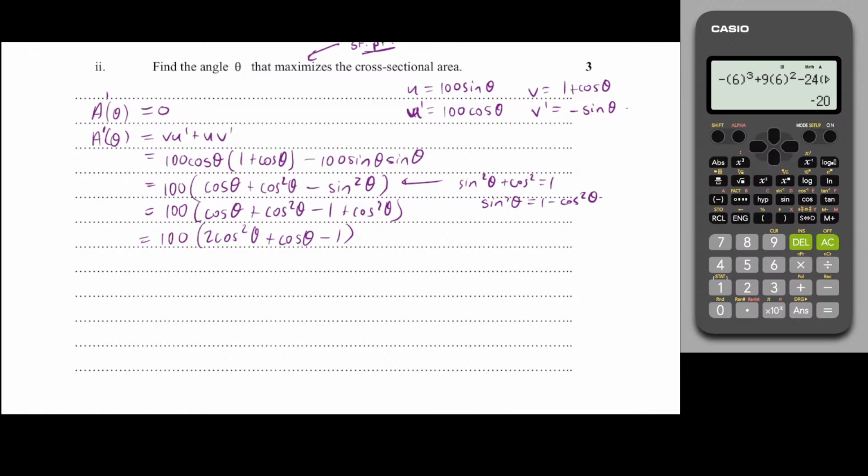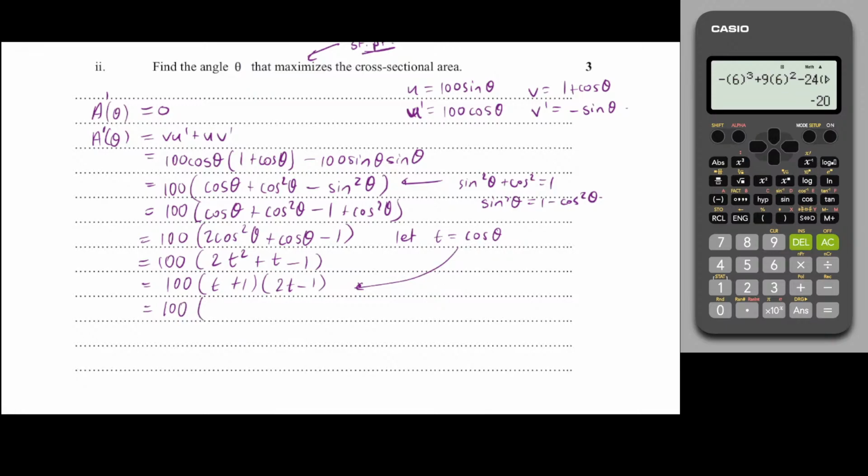So basically, let's let t be equal to cos theta, and this becomes 100 times 2t squared plus t minus 1, and then you just factorize this. I don't think this is how you guys do it, but that's okay. We'll just get through this one. And then you substitute the t back into that once you're done, okay?